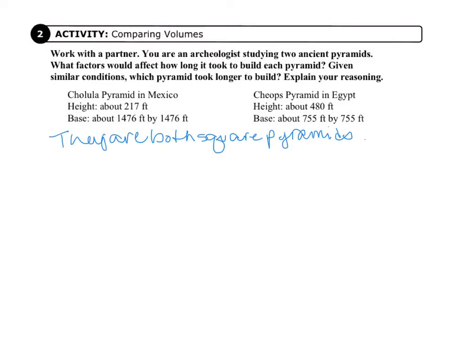We can also see from the picture and the dimensions that the Cheops Pyramid in Egypt is taller. And we can see from the dimensions that the Cholula has the larger base. So let's write that down.